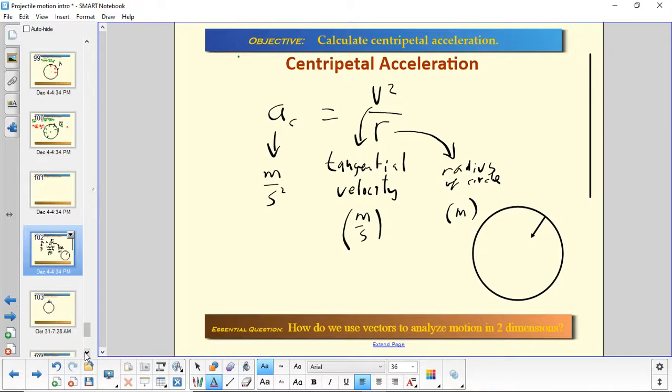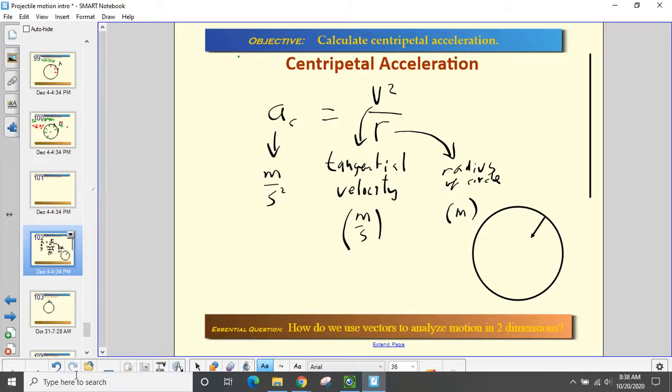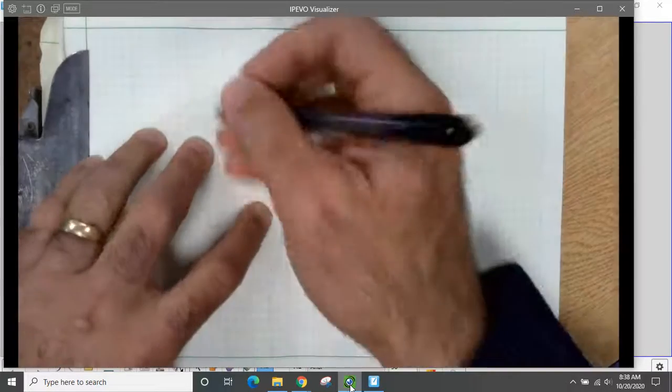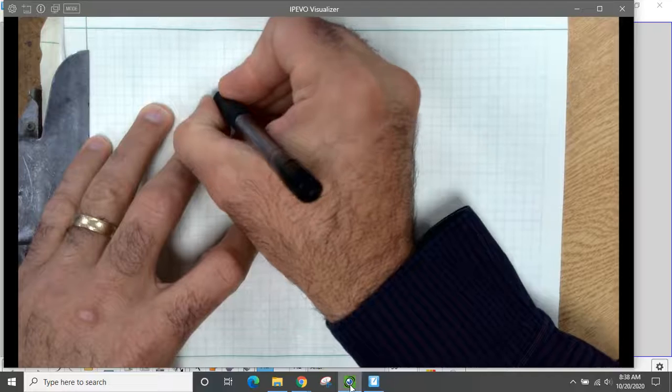Let's do an example of this. Let's go to a piece of scratch paper. I'm going to do a simpler one first. Okay, let's do that car we had.